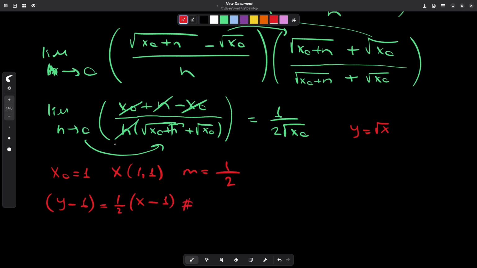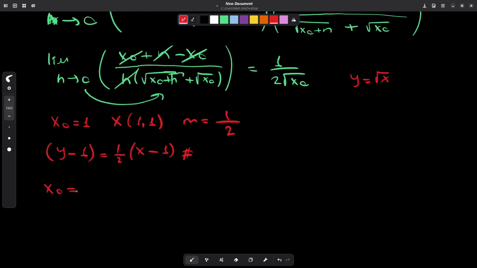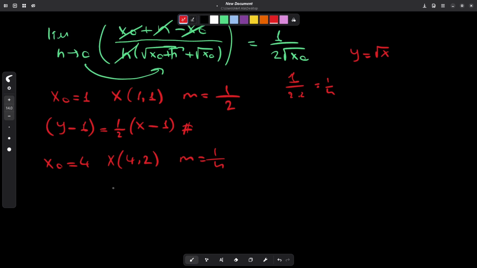I will not go further because we have 2 more of these. The next one is 4. Plug the 4 in, root 4 is 2. So what is my m? 1 over 4, since 1 over 2 times 2 is 1 over 4.